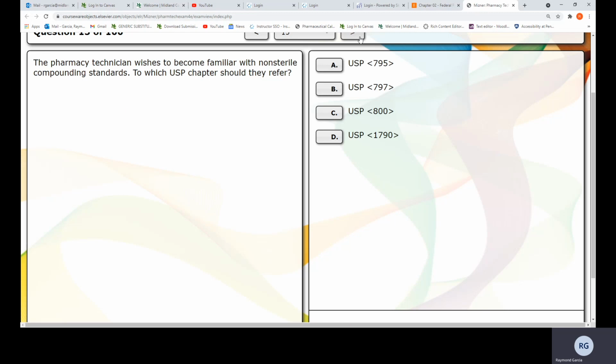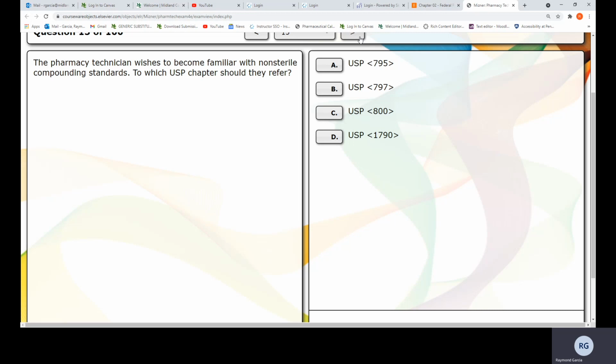The pharmacy technician wishes to become familiar with non-sterile compounding standards. To which USP chapter should they refer? Well, you'll do non-sterile compounding in some retail pharmacies, but for the most part 800 and 797 pertain to hospital. I've never seen a 1790 actually.